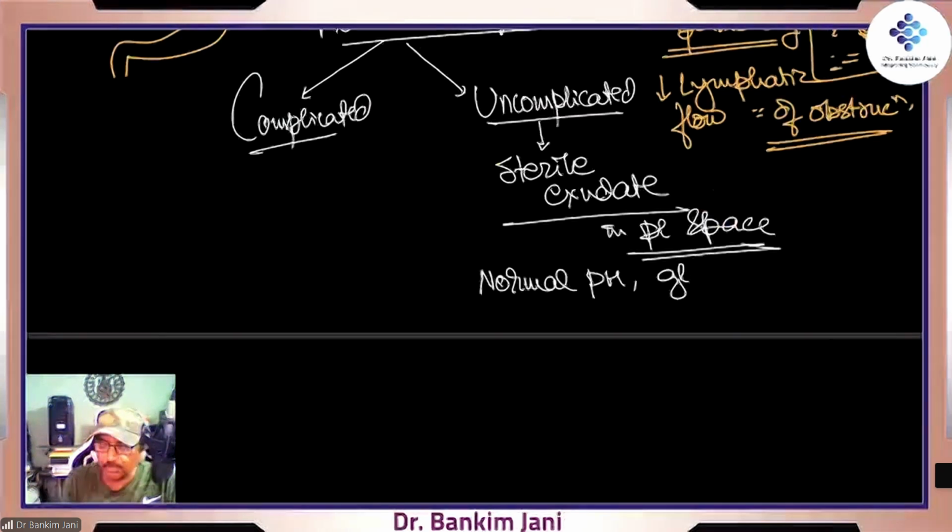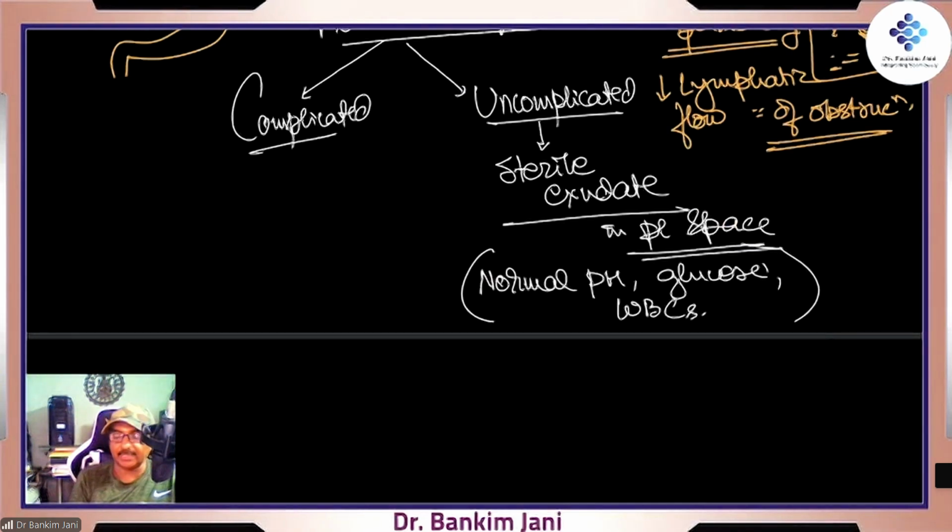There is normal glucose level, and normal WBC count. All these are in the pleural fluid. Remember, you have taken the fluid out, and you find that its pH is normal, glucose level is normal, WBCs are normal.